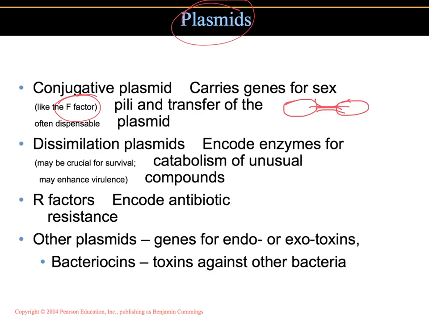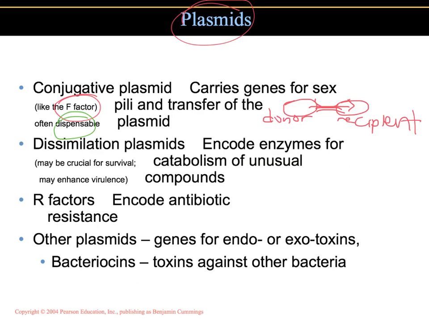And the genes can be transferred from the donor cell to the recipient cell. So that's one type of plasmid, the conjugative plasmid, like the F factor. Now, typically, plasmids are dispensable, meaning that they're not really necessary.